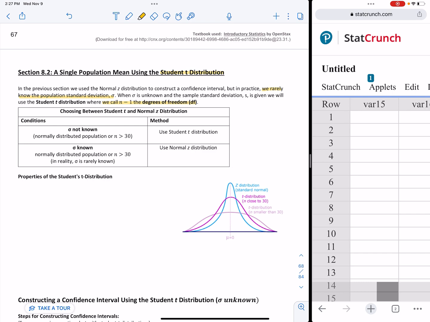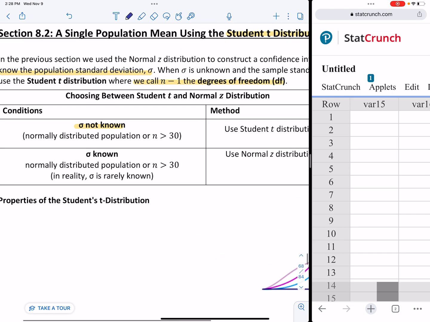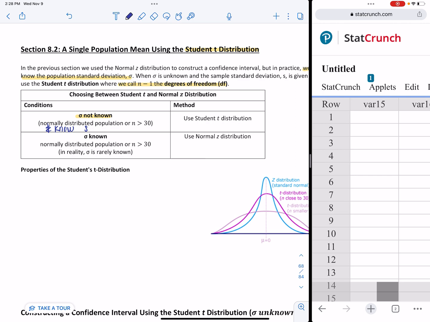So here are the characteristics, or how to choose between using the student t-distribution and the normal z-distribution. If you do not know the population standard deviation, but you know s, the sample standard deviation, then you use the student t-distribution.